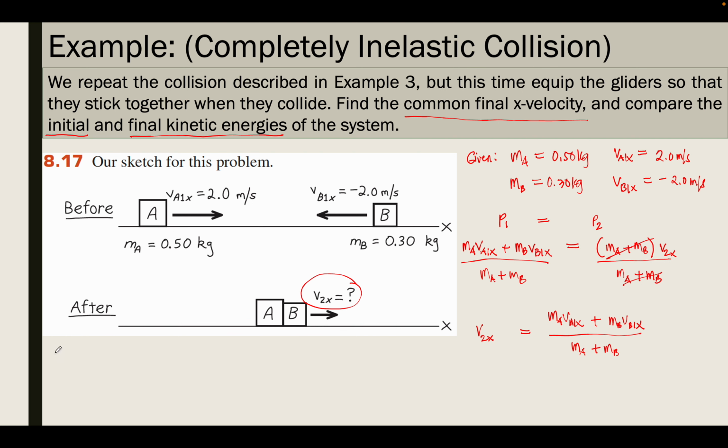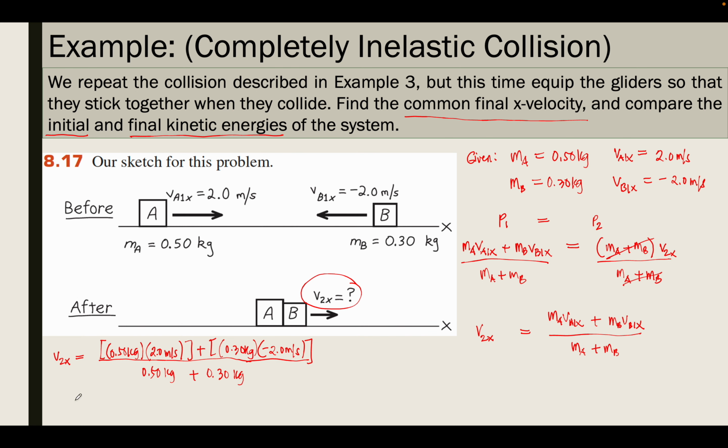We have V2x is equal to, we have right here, MA is 0.50 kilograms times VA1x is 2 meters per second, plus MB is 0.30 kilogram times negative 2 meters per second, and then divided by MA is 0.50 kilogram plus 0.30 kilogram.